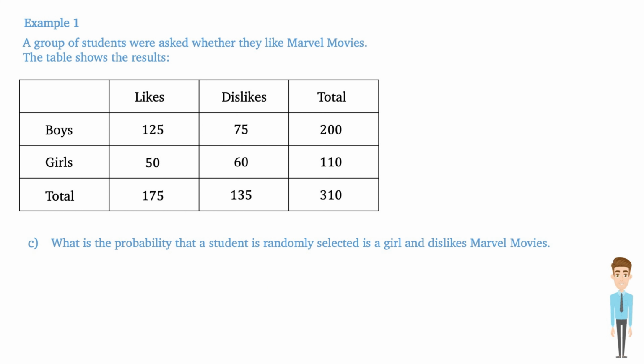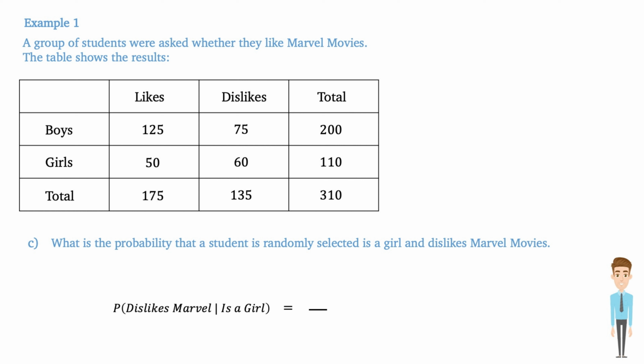In example C, what is the probability that a student randomly selected is a girl and dislikes Marvel movies? Well, in this question, we need to be careful because we are given further information that the student is a girl. This changes the sample space because now we're only selecting from girls, not the entire survey.